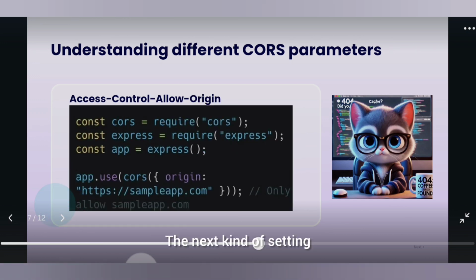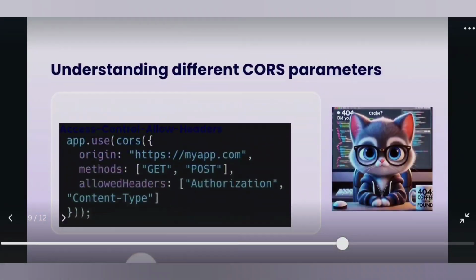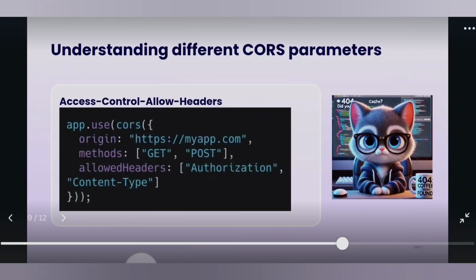The next kind of setting that you can set in your app is Access-Control-Allow-Headers. Let's say you have an authentication service which you want some third party users or a third party company to be able to access.